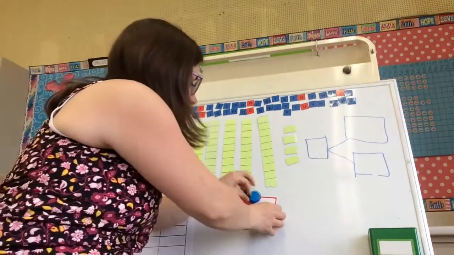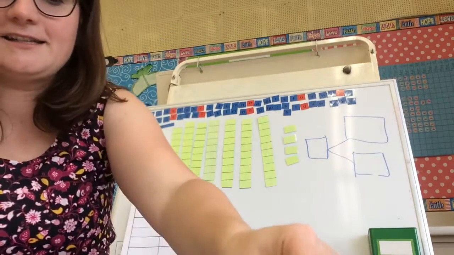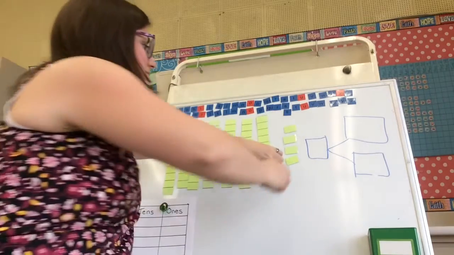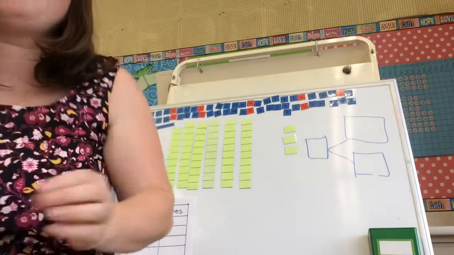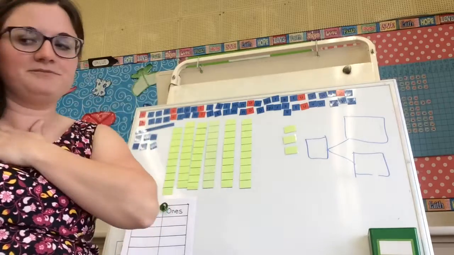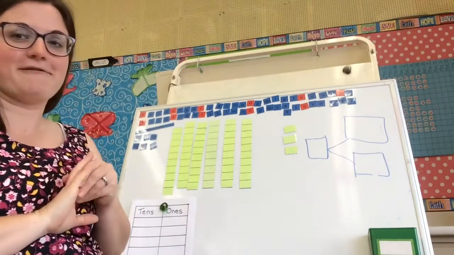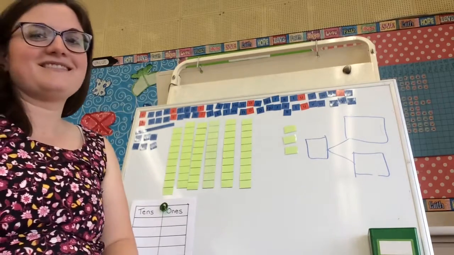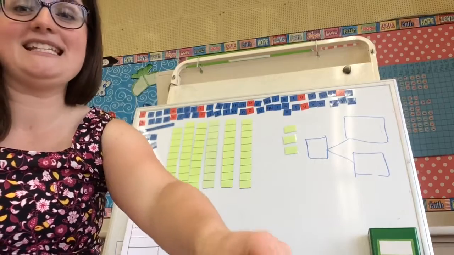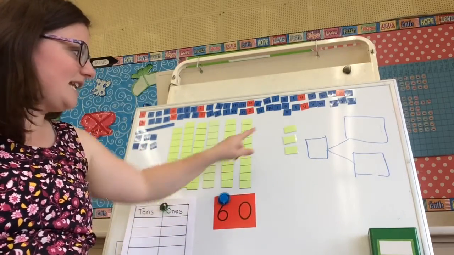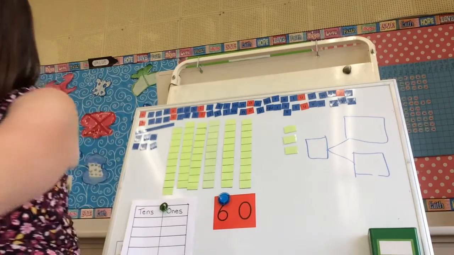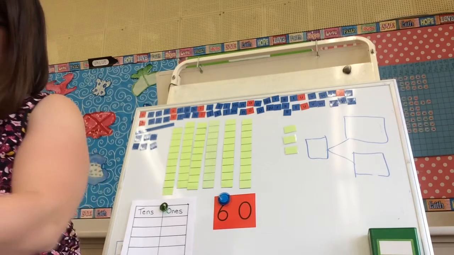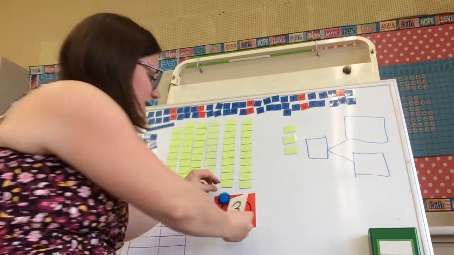Now let's do the next number here that I've got. Okay, who can tell me what number I have now? How many 10s do I have? Can you see? I have 6 10s, which makes 60. And how many ones do I have up there? I hope you said 3.